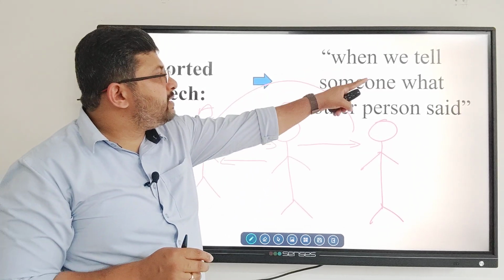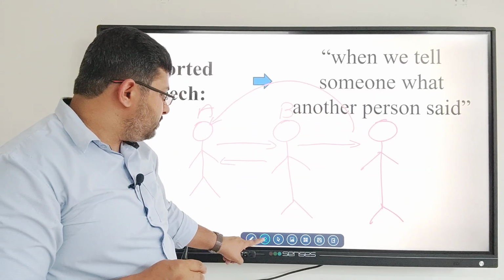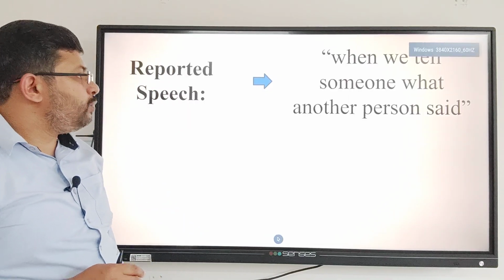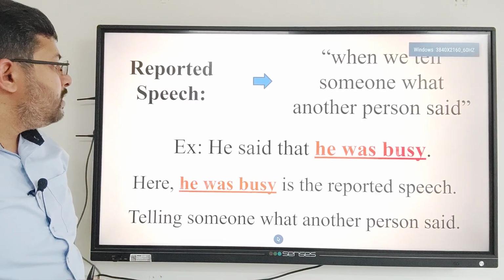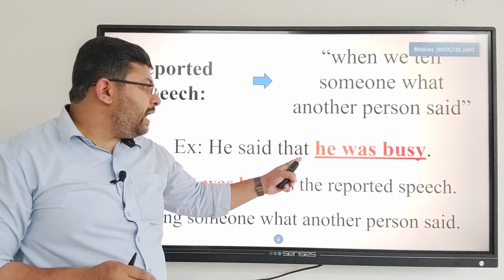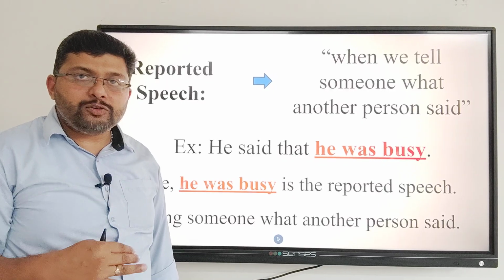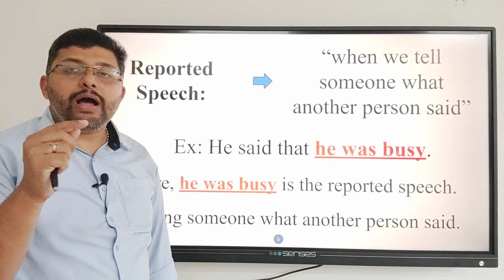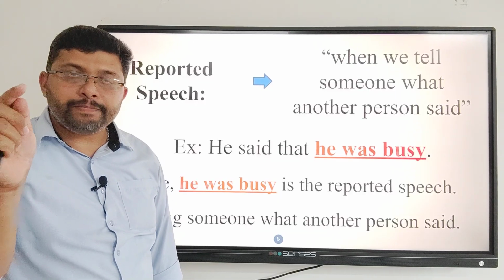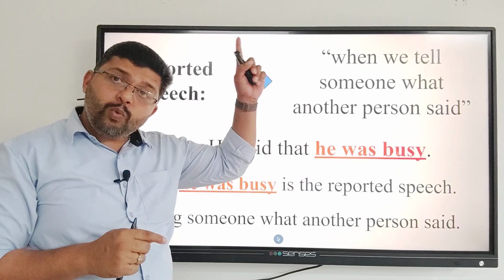When we tell someone what another person said, I'll explain with some other examples. See here: He said that he was busy. How would the sentence be in direct speech? He said, "I am busy." But in indirect speech, he said that he was busy.